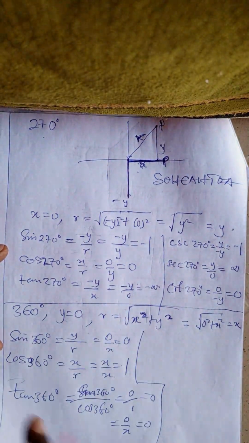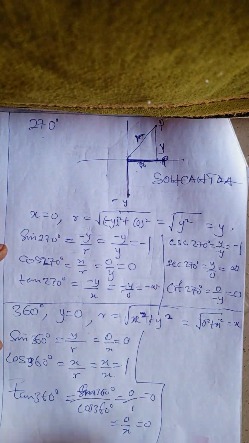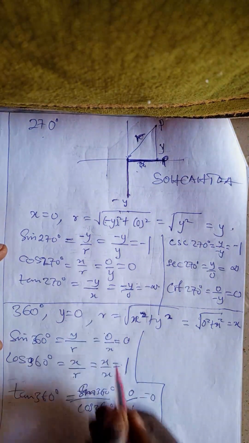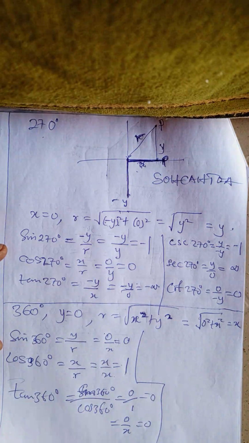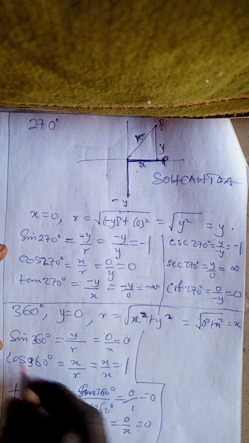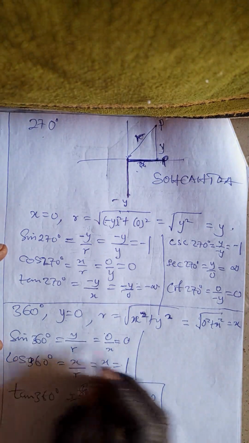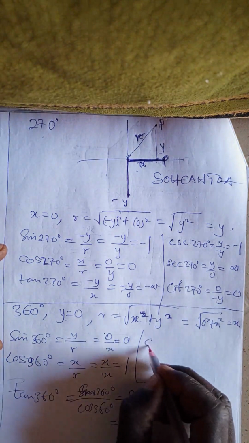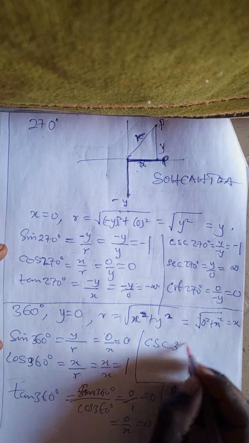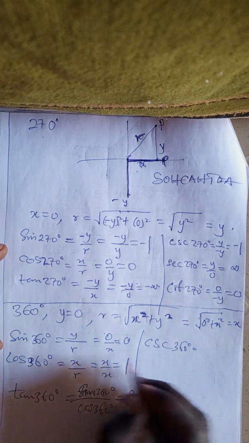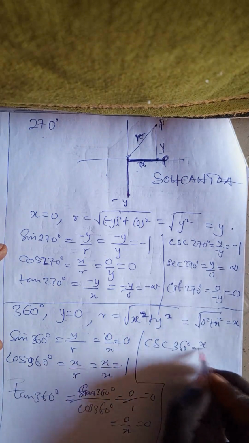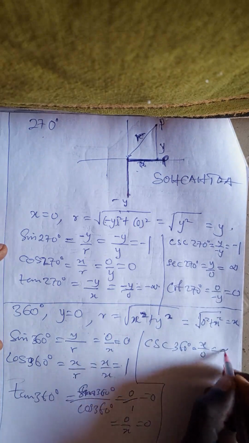Now, instead of stopping here, we are going to find the other 3 trigonometrical functions remaining, but from the first 3 also. So we are going to look at cosec 360 degrees, and this is equal to x over 0, and that's equal to infinity.